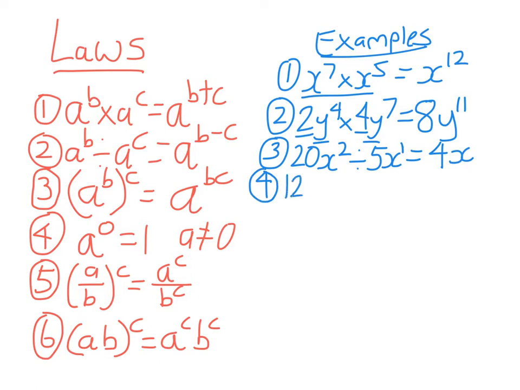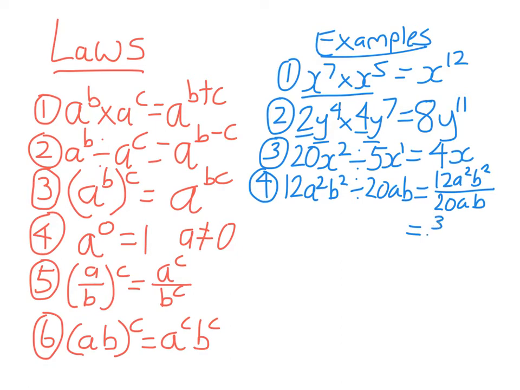So let's say I have 12a squared b squared divided by 20ab. It might be easier to write this as a fraction. When you're doing fractions, you can simplify the numbers as normal, and you can use your calculator to do that. So 12 over 20 is 3 over 5. A squared divided by a is a, b squared divided by b is b.